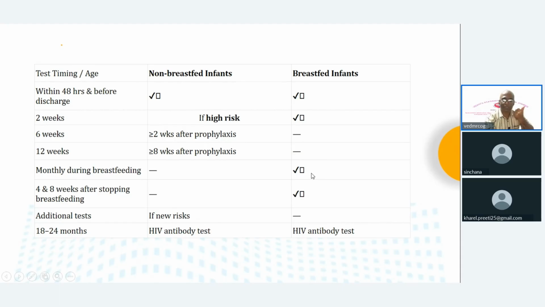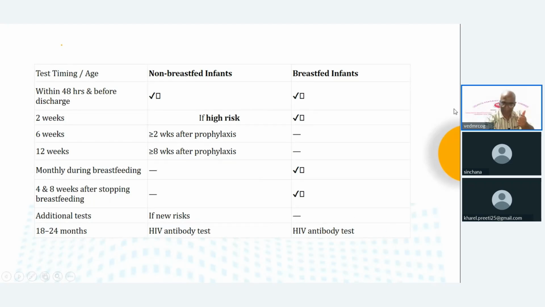Once she stops breastfeeding, you will test monthly for 2 months, that is 4 weeks and 8 weeks after stopping breastfeeding, and then the HIV antibody test at 18 to 24 weeks. So for breastfed infants: 48 hours, then another at 2 weeks, then monthly until the end of breastfeeding. After stopping breastfeeding, at 4 weeks and 8 weeks you will carry out screening by RNA PCR, and the final will be at 18 to 24 weeks.